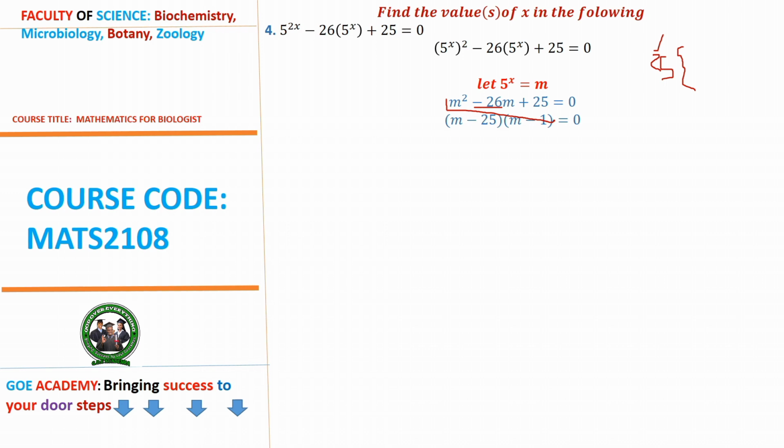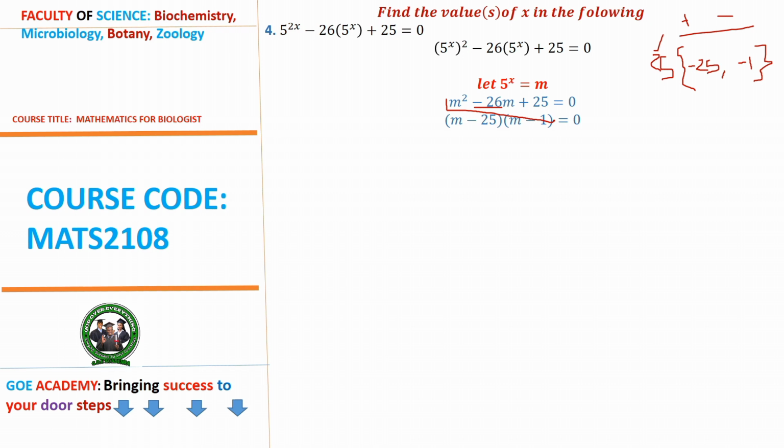So those two numbers, found in the factors of 25, can be negative 25 and negative 1. Remember, when you're taking the factors of AC, you're taking both positive and negative factors. Be careful, because some of you will be wondering whether negative 25 is a factor of 25. Take note, you're taking both positive and negative factors.